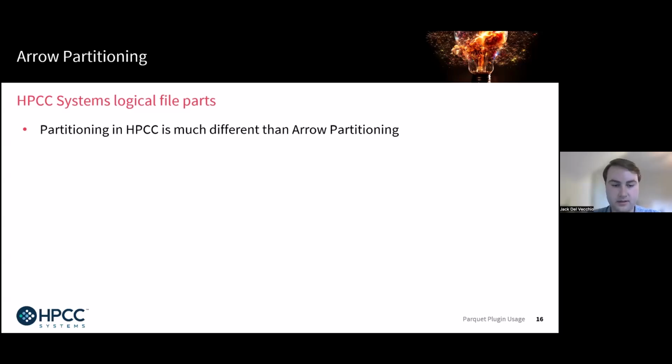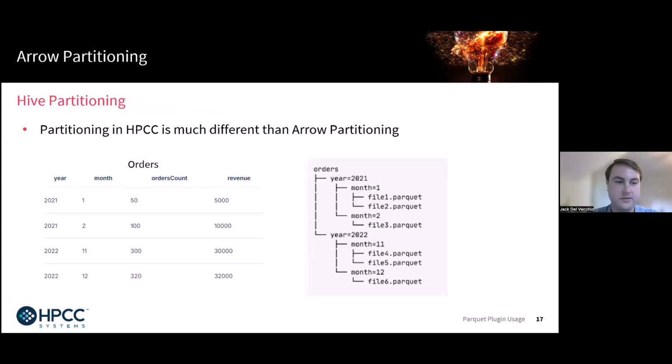What that looks like is, for example, if we are doing hive partitioning, which basically means that the field names that you are partitioning on are available in the directory names. If you partition a data set with these fields, you will have a directory structure similar to this, with a top level directory where all the partition files are written, and a directory for each value: year equals 2021, year equals 2022, and so on.